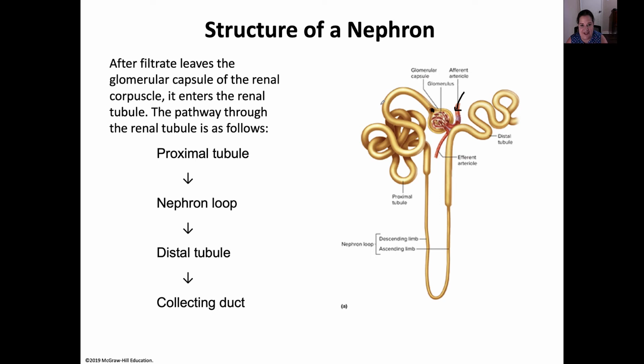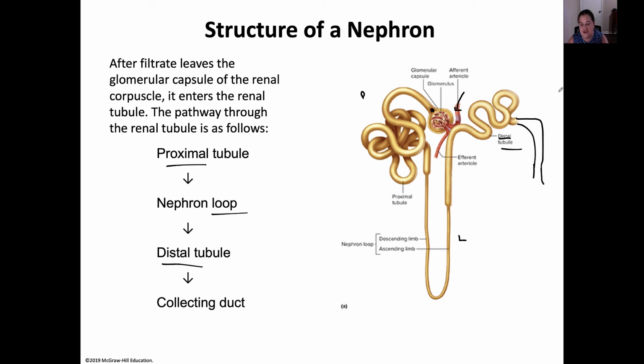There are different sections. We have the proximal tubule, which is close to the glomerulus, then the loop, which looks like a little loop, and the distal tubule, which is further away from the glomerulus.